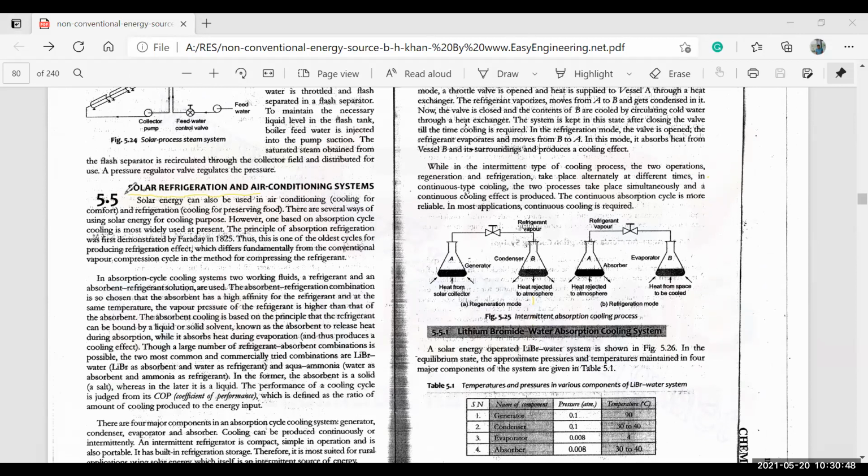Solar refrigeration and air conditioner system. Okay, solar energy can also be used in air conditioning. In one of the IITs, somewhere they have installed, not using solar thermal but photovoltaic, a storage. I think Rahul would be knowing this.